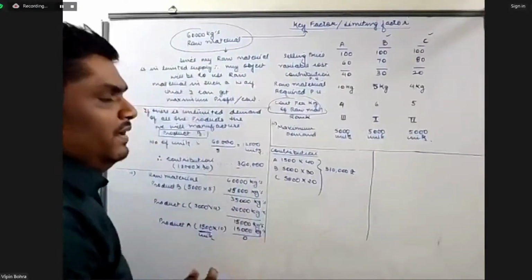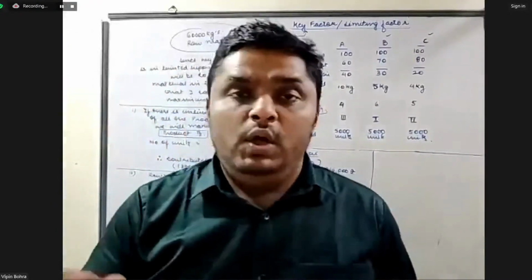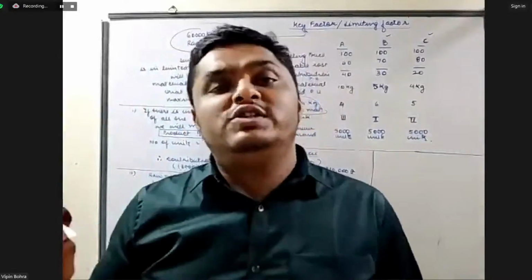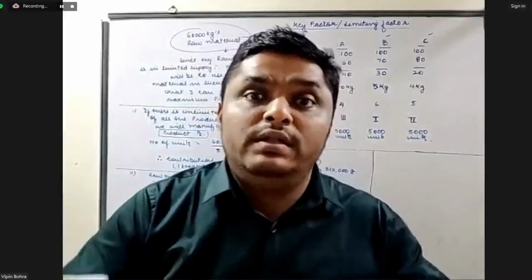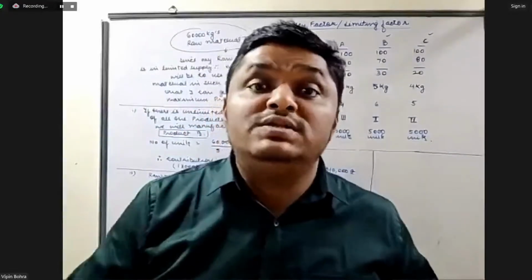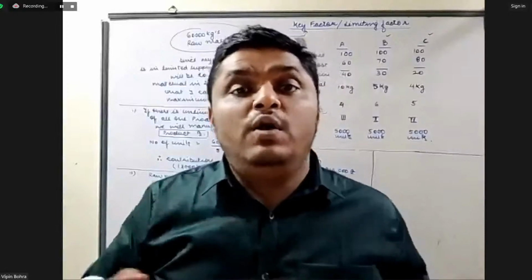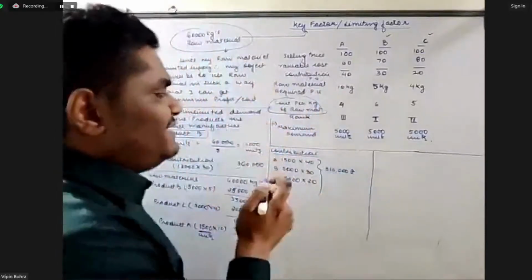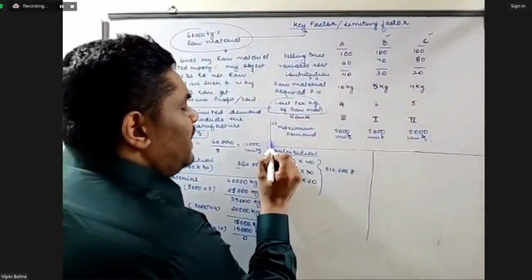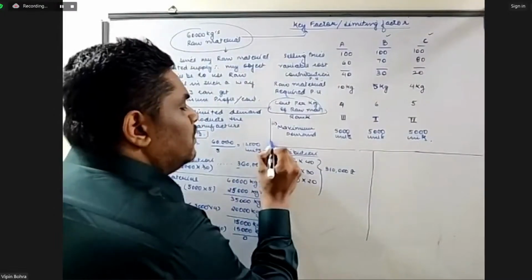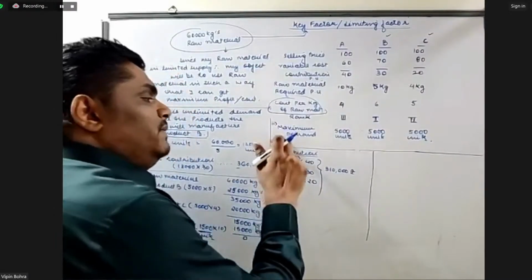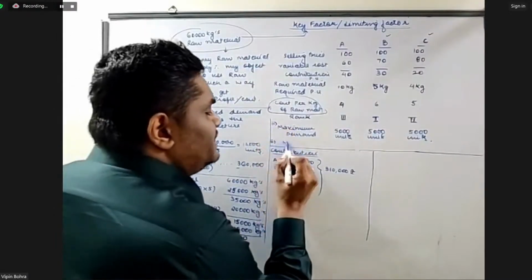Let's take one more question, wherein the minimum demand is also given, कि भाई आपको इतना तो मैन्युफैक्चर करना ही पड़ेगा to sustain in the market, to keep the hold of the supplier. So let's say the third part, wherein minimum demand is also given and maximum demand is also given.